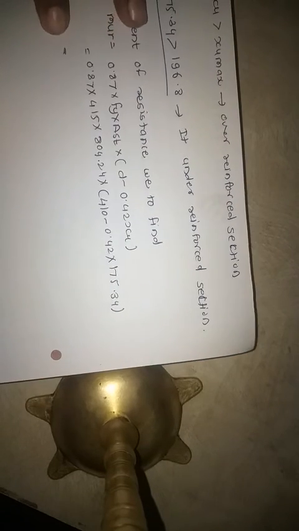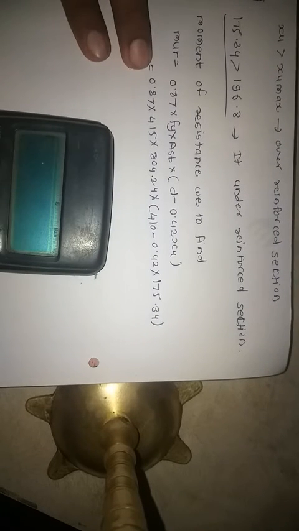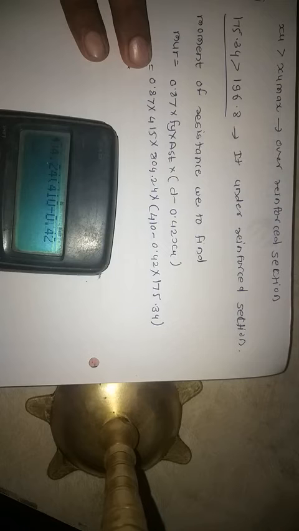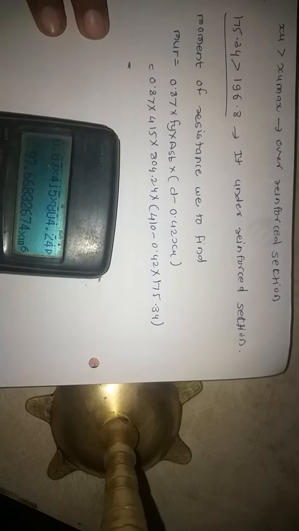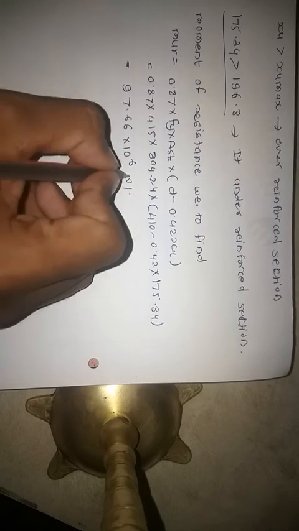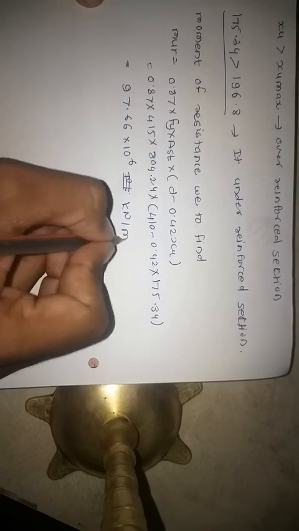So 0.87 into 415 into 804.24 into 410 minus 0.42 into 175.34 gives 97.66 into 10 raised to 6 Newton mm.